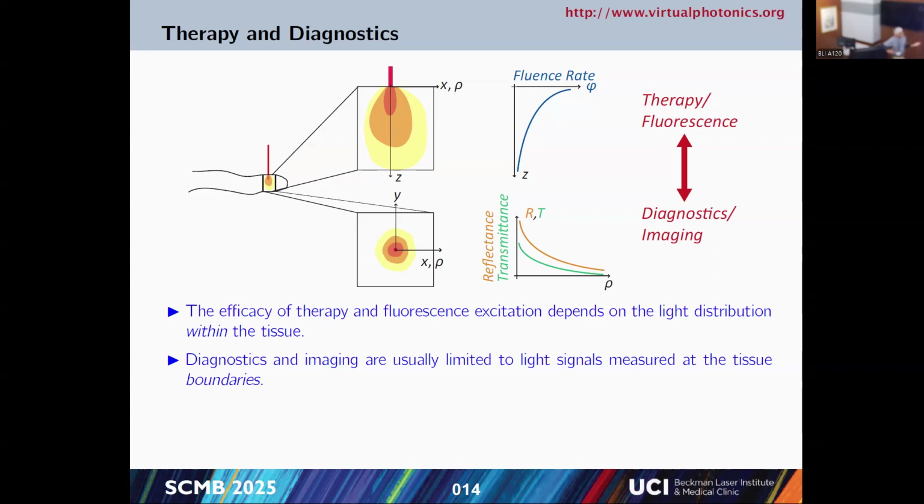So number one, if something changes within your volume, if oxygenation changes or the blood flow changes or something changes, then it's going to impact the internal light field, and it's going to impact, of course, what you measure in reflectance or transmission. And conversely, if things at the boundary change, it will also change the internal light field. So how might the boundary change? This is something you can do in the lab, right?